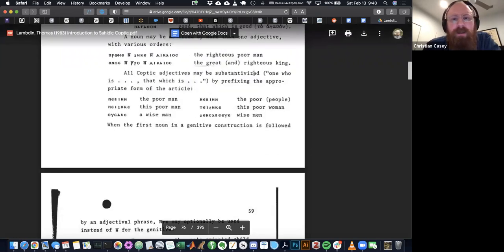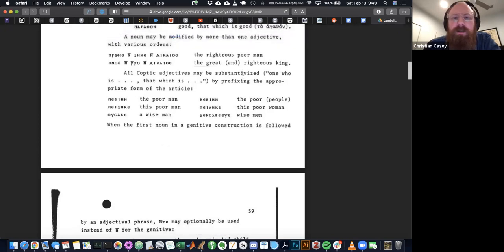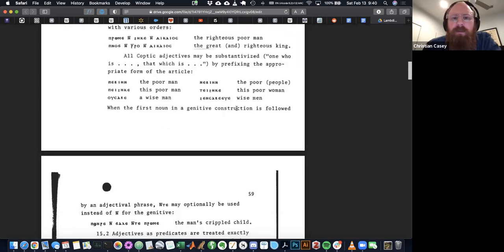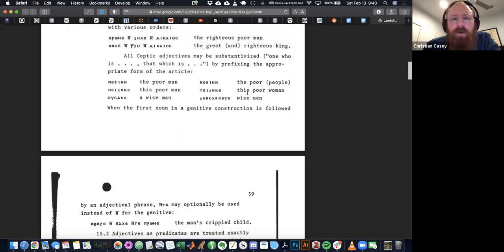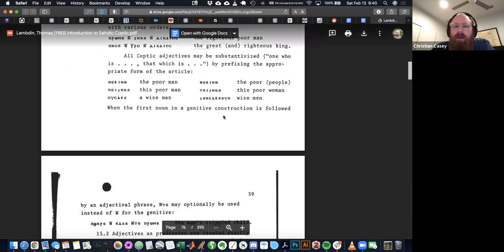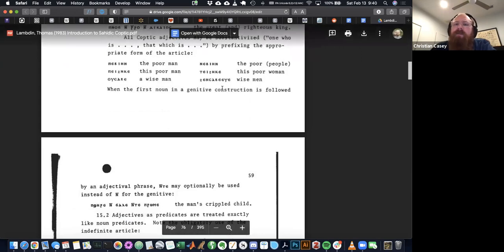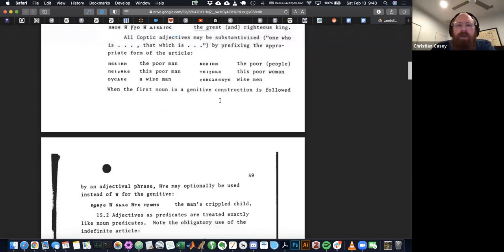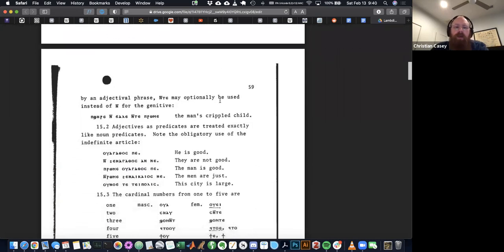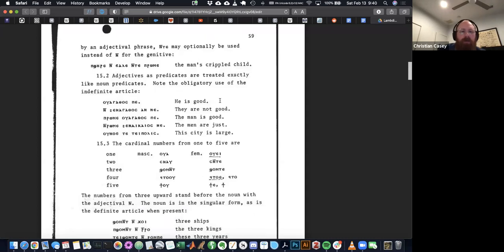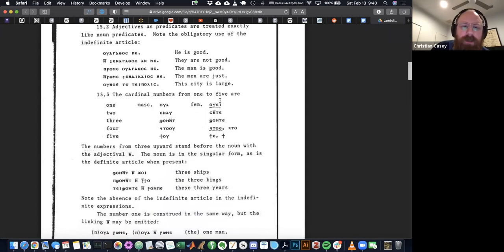All Coptic adjectives may be substantivized. So pehike, the poor man, nehike, the poor, pei heike, this poor man, te heike, this poor lady, usabe, a wise one, and hensabeu, sorry, the wise men. That also goes hand in hand with these things really being nouns, technically.